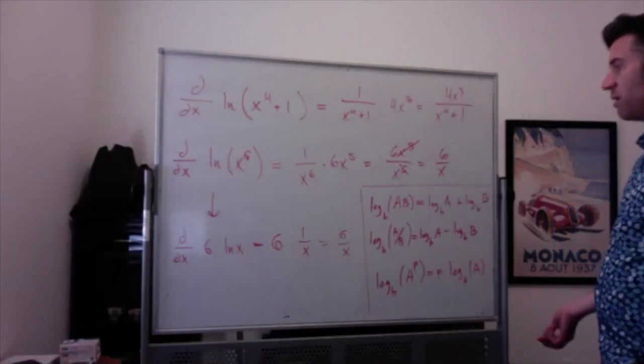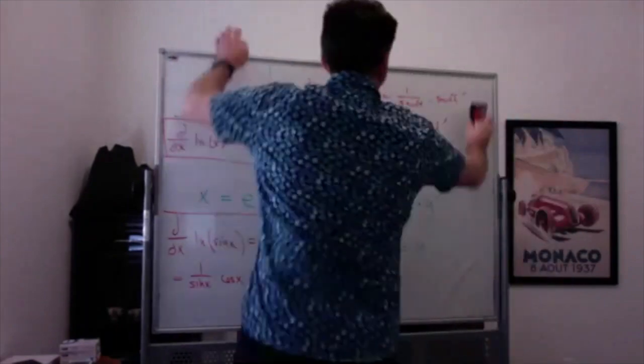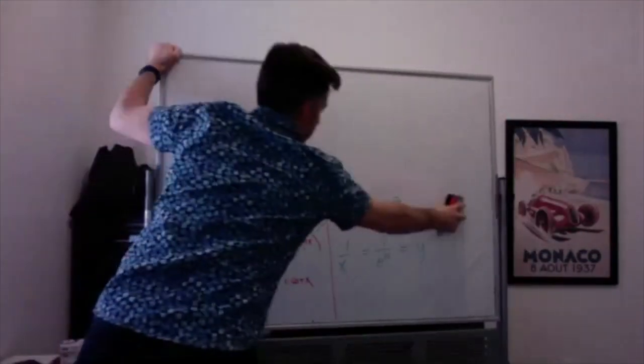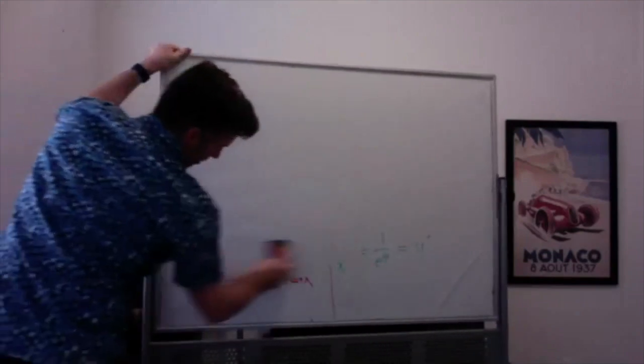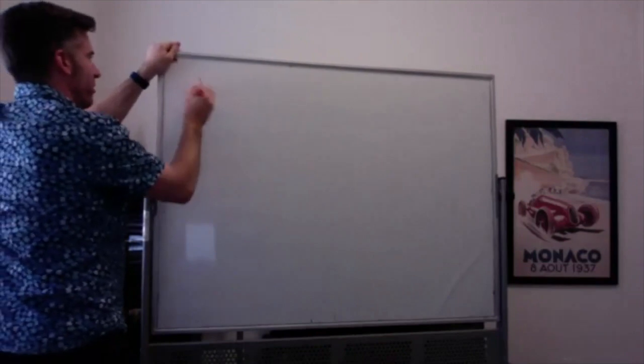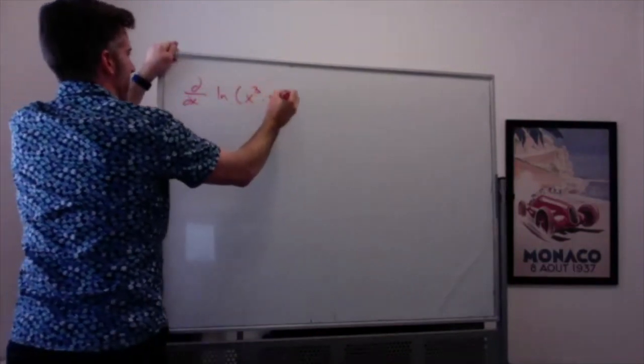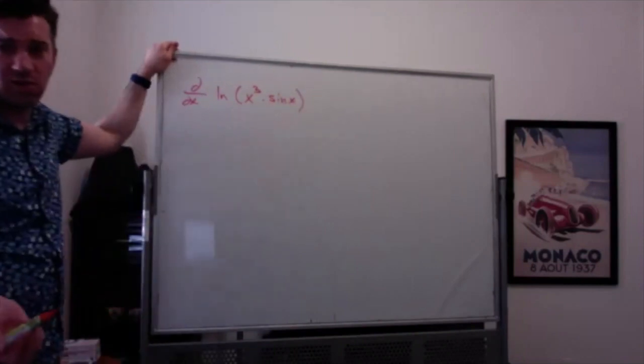So I could ask you a question like, find the derivative of the natural log of x cubed times sine of x. And you could do it the hard way.